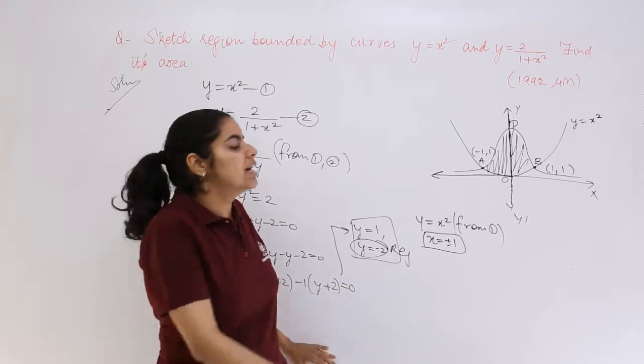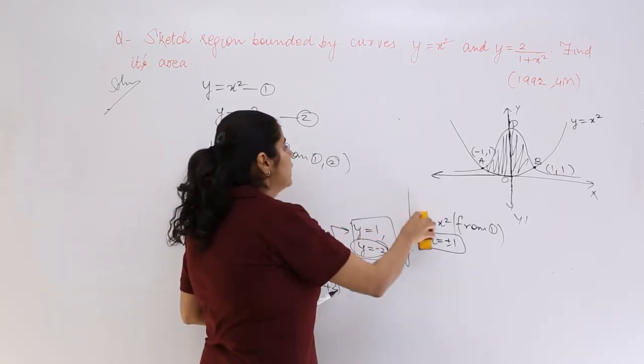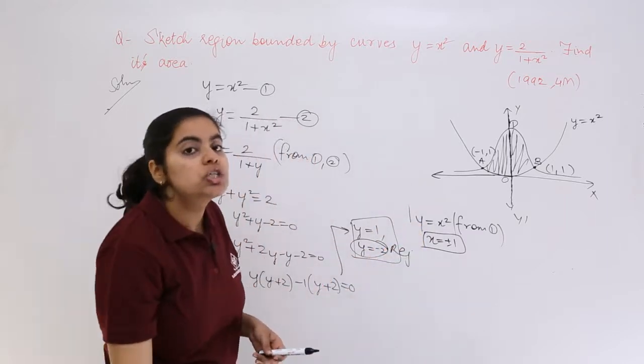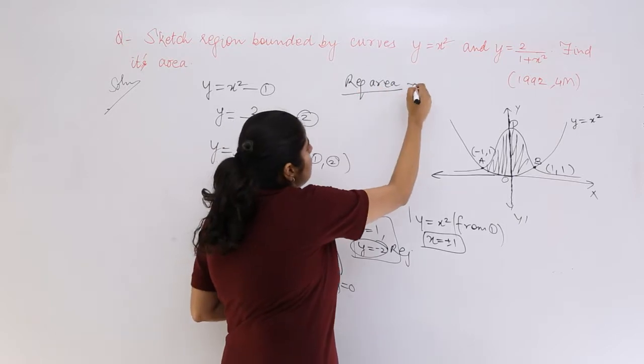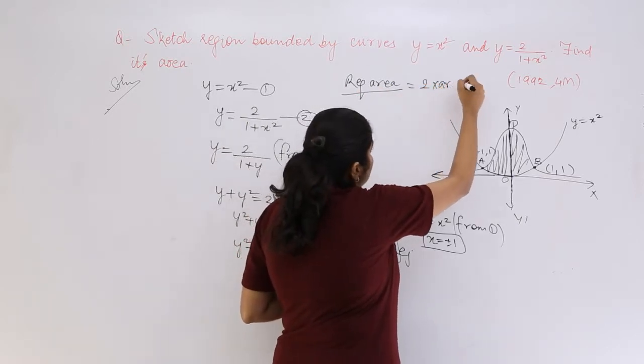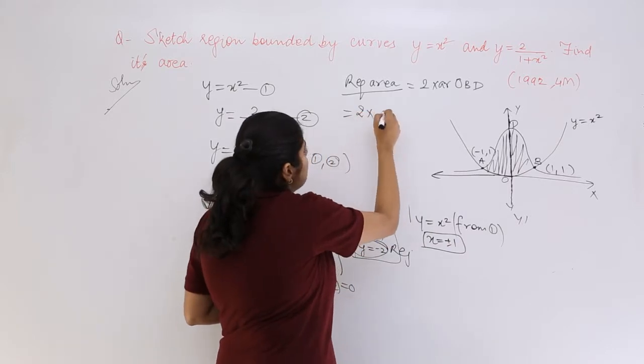So the required area is what? The required area is equal to twice the area OBD.